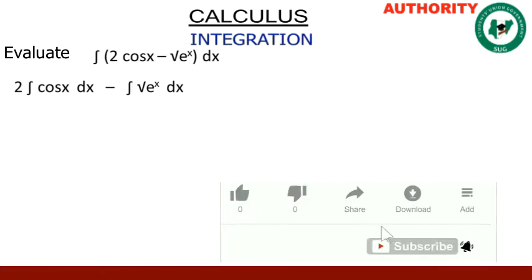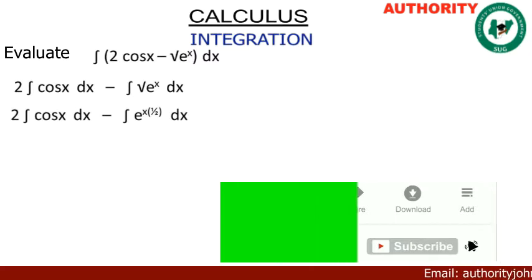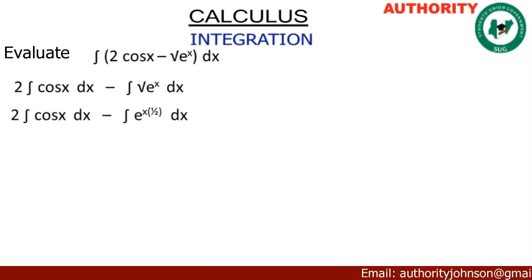Okay, now we are going to have 2 integral of cos x dx minus integral of e raised to power x. This square root can be written as raised to power 1 all over 2.